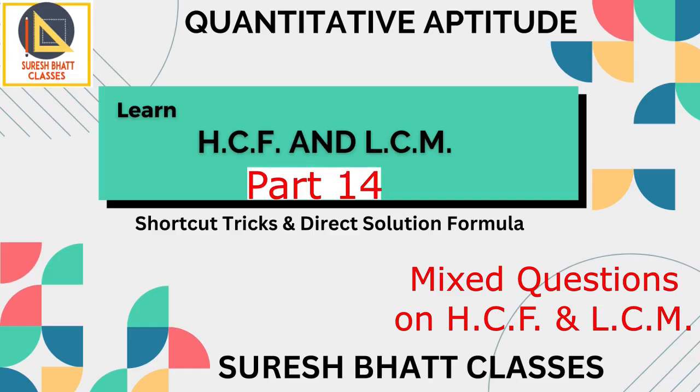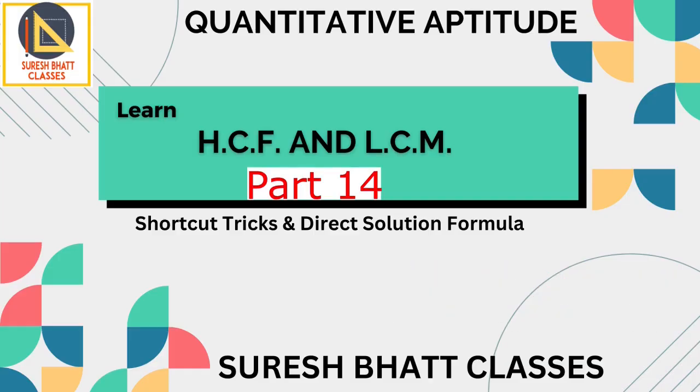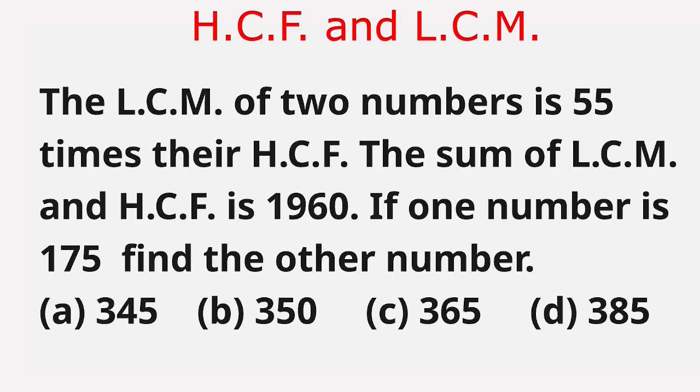In this video, we are solving mixed questions of HCF and LCM. Our question is, the LCM of two numbers is 55 times their HCF. The sum of LCM and HCF is 1960.